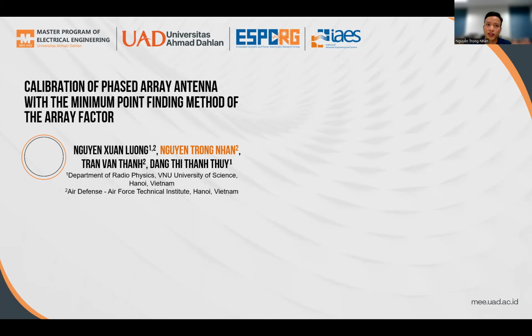We know that phased array antenna plays a very important role in modern radar and communication systems. The efficiency of the phased array antenna in processing the signal reflected from the target is contingent upon the state of the signal receiving channels.